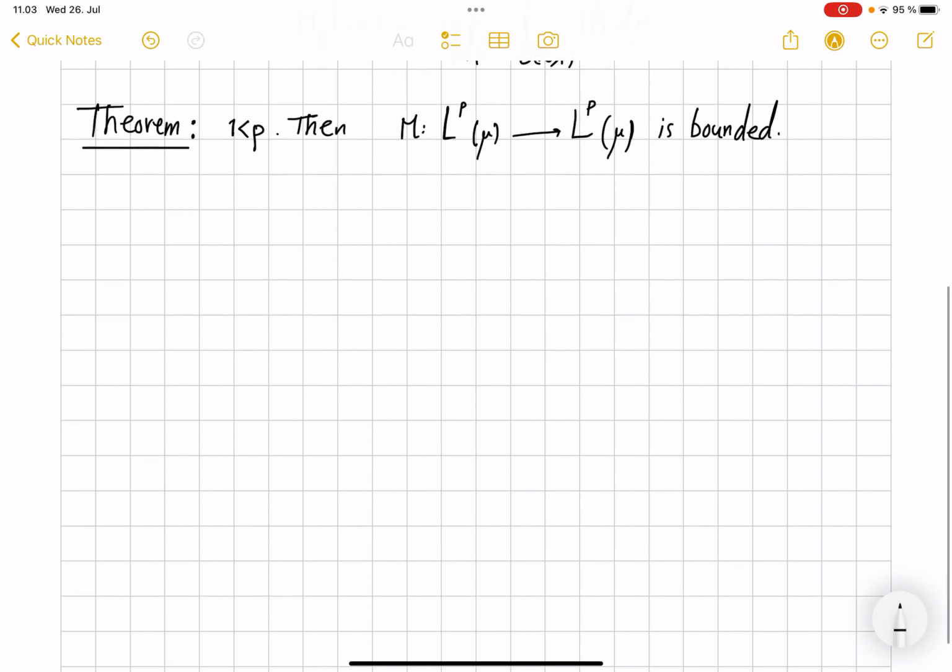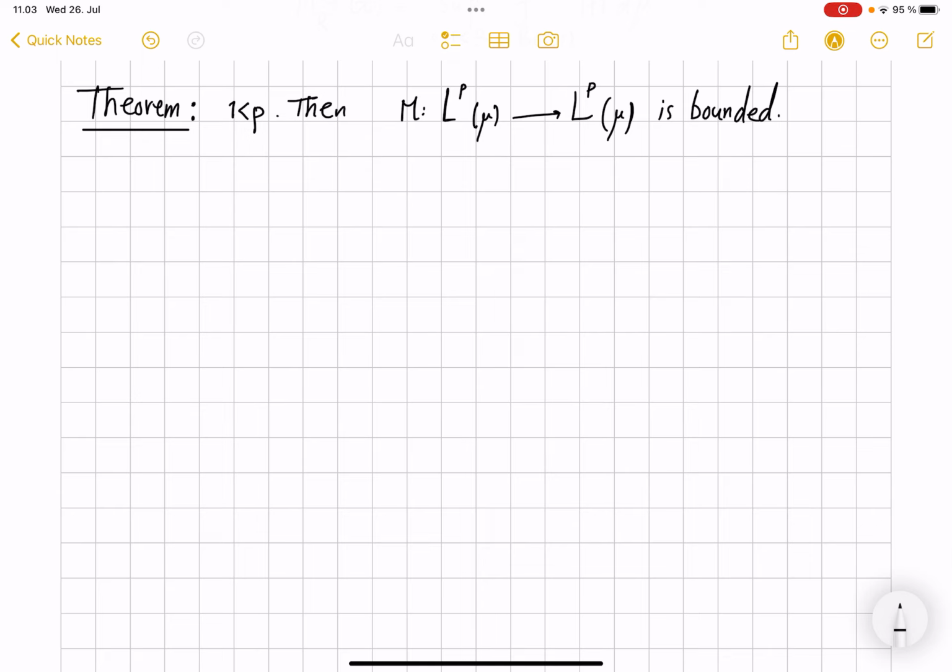Okay, so the new tool we want to introduce is what is called the Riesz potential of a function. So let's first define the Riesz potential for a function on Euclidean space. Suppose f going from R^n into R is locally integrable.